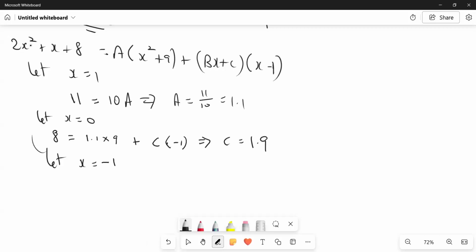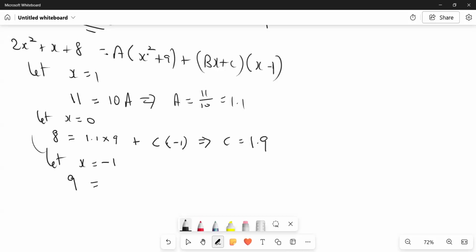So minus 1 squared will give us 1. 1 times 2 is 2. 2 minus this 1 is 1. 1 plus 8 is 9. So we got 9 over there. What happens over here?